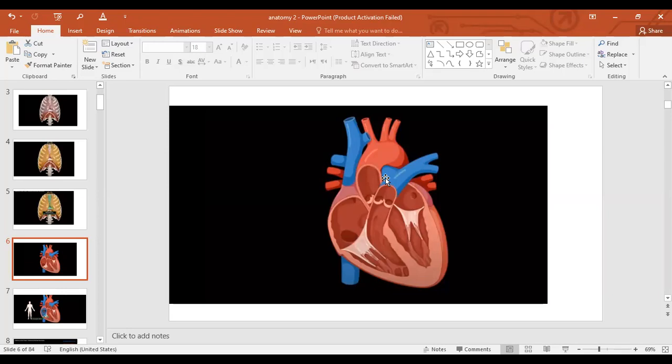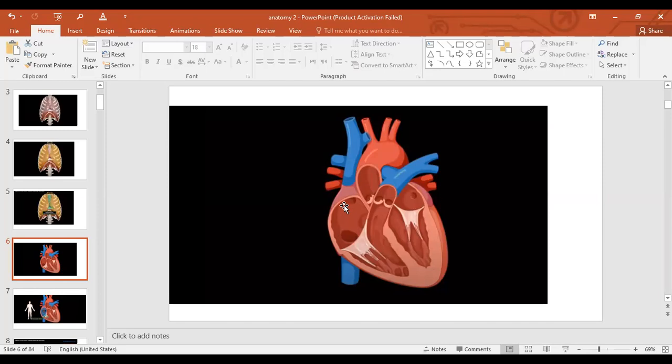So we have two circulations in our body. Throughout your body, blood will enter the superior vena cava or the inferior vena cava. These two veins are the major veins that drain the blood from our body.